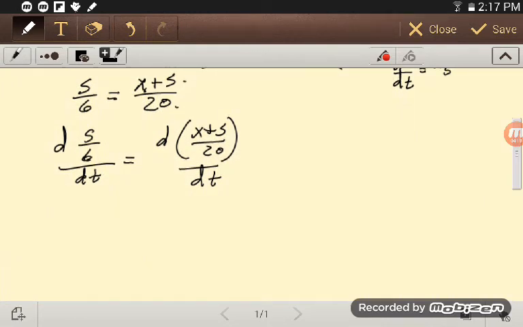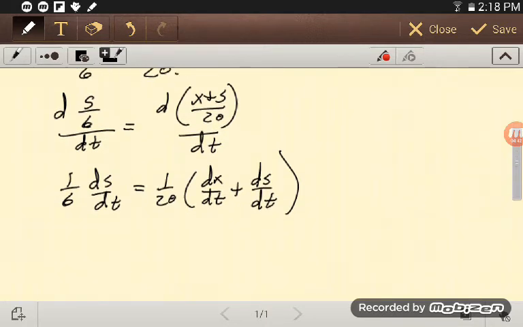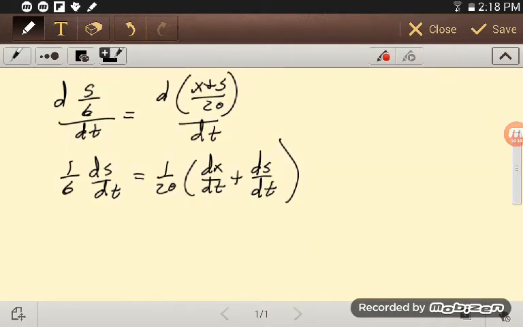that's just ds/dt over 6, or 1/6 ds/dt, is equal to 1/20 times dx/dt plus ds/dt. So I need to solve for ds/dt in terms of everything else.